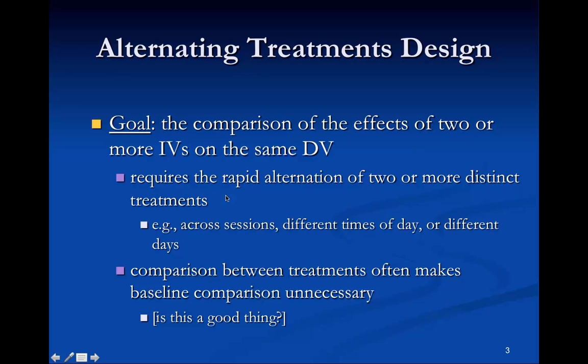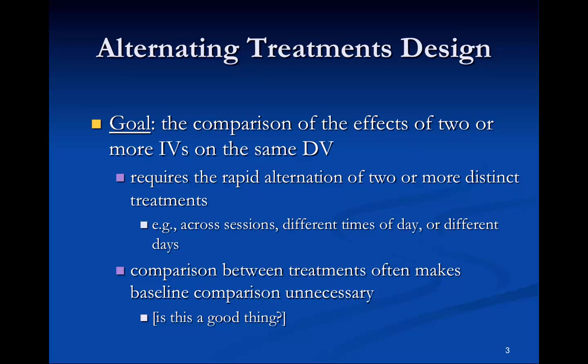So, alternating treatment designs require the rapid alternation of two or more treatments, so you're going across treatments or sessions or different times of the day, back and forth. Think about those articles you read, the Iwata functional analysis article.